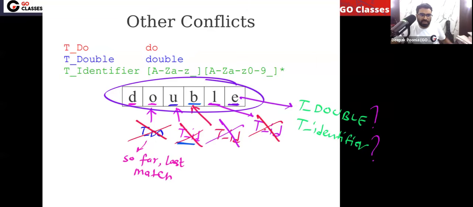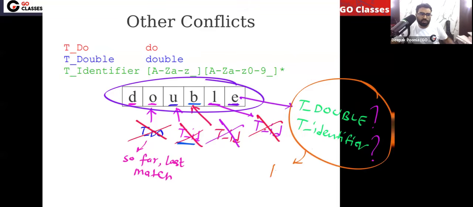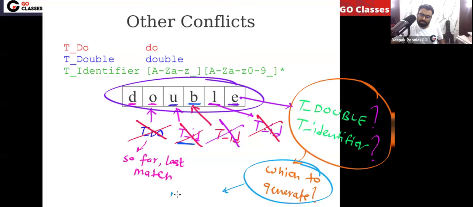Should I generate this identifier token? Which to generate? I can say this is a problem. Yes or no? Okay, so for this problem, let's see what the solution is.